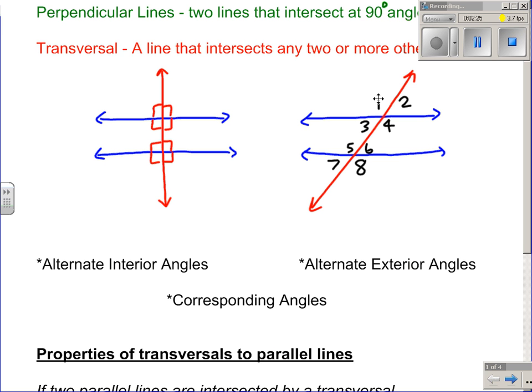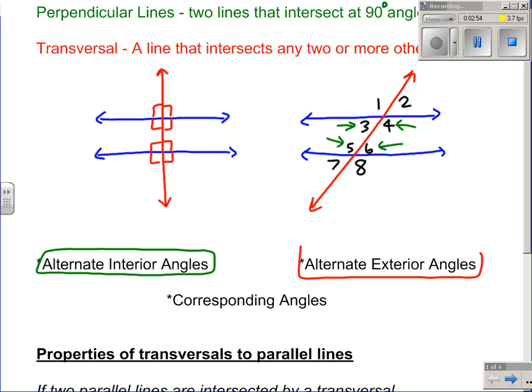If you look below, there are angles that form alternate interior angles, and there are angles that form alternate exterior angles. So in this case, with the green arrow, I'm going to show you all of the interior angles, all the ones inside of the parallel lines. Then in red, I'll draw arrows to all of the exterior angles, the ones outside of the parallel lines.